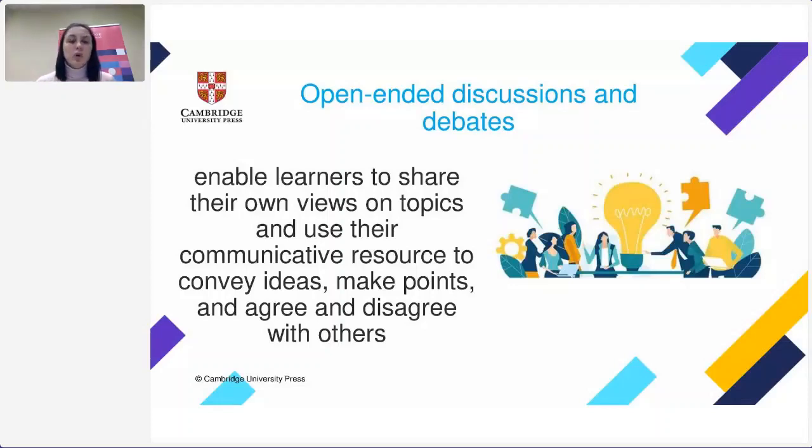Another activity, for older students I'd say, is open-ended discussions and debates. You give them some topic and divide them into groups, as usual, because for debates it's 2 groups: pros and cons, for and against. Such activities enable learners to share their own views on topics and use their communicative resources to convey ideas, make points, and agree and disagree with others.